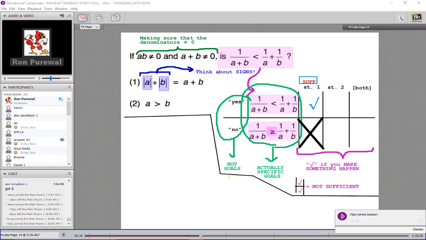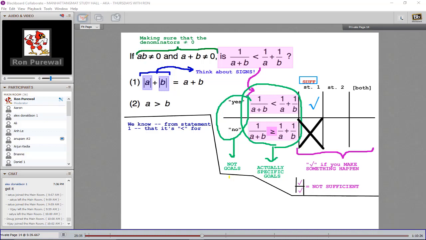Like we discovered from statement 1, it's going to be less than for all positive numbers if A and B are both positive. So in other words, we know that we can check this box too. If you wanted to test a case, we could always test a case.